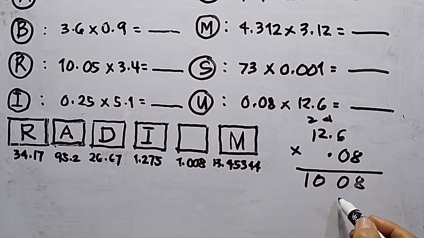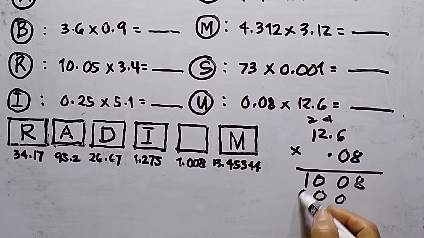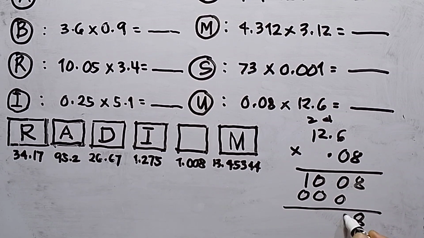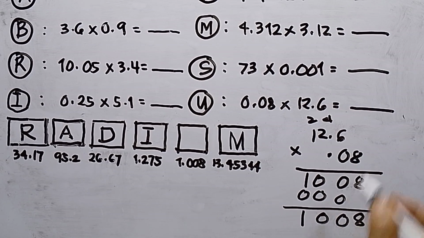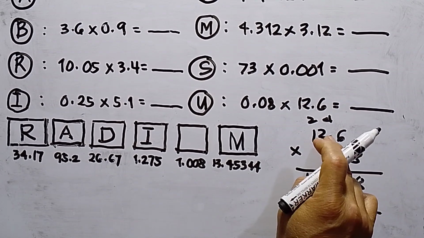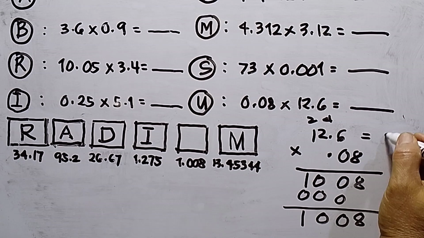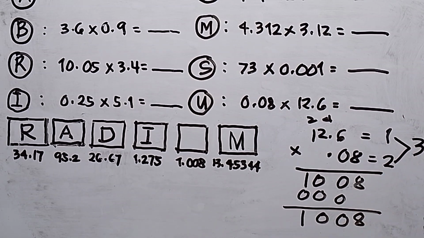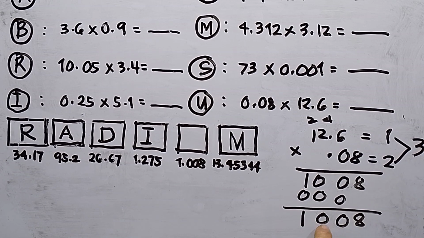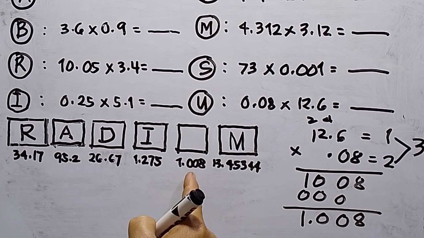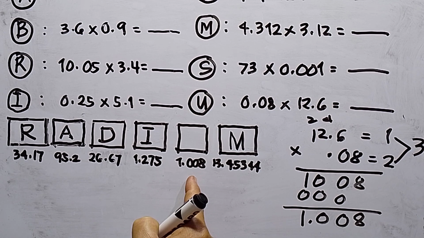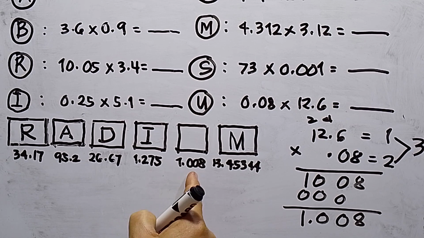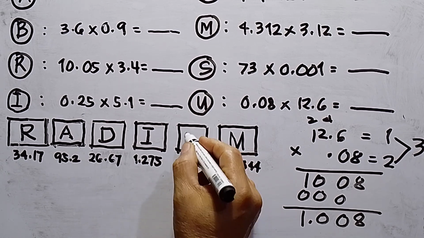Then this will be 0. 0. This will be 0. So bring down 8. 0, 0, 1. So how many decimal places in 12.6? Only 1. In here is 2. Sum up, this will be 3. So for my product, I need to move from right to left 3 decimal places. 1, 2, 3. So this will be 1.008. So I've got the fifth box. So this will be letter U.